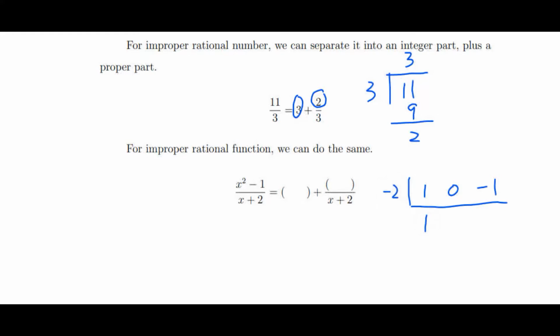So first one bring down, this plus this negative 2, and for negative 1, 3, right? Okay, so we know this is the quotient and this here is remainder. So this means we can put this part as x minus 2, and here we can put 3, right?